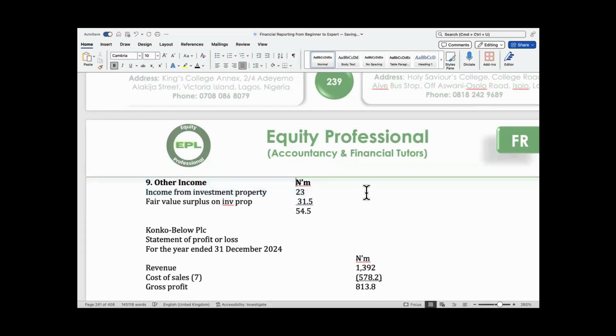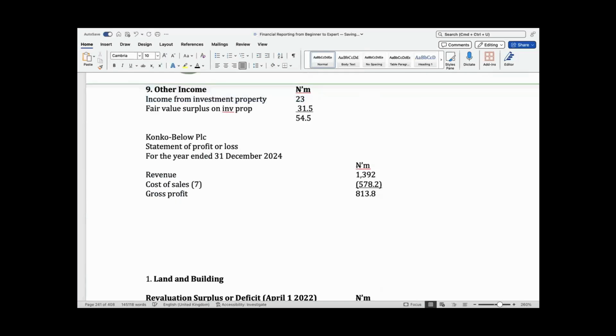So I go here, I have other income, and that is note what? Note 9. That's 54.5.